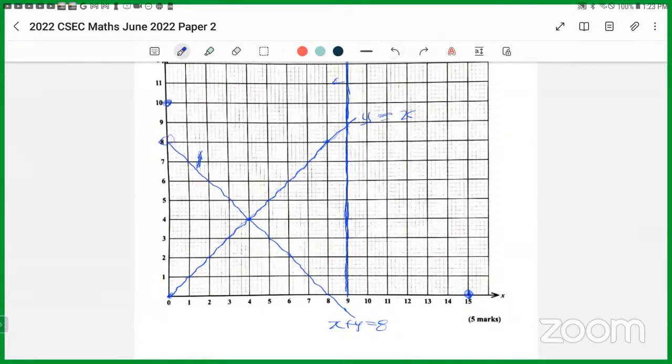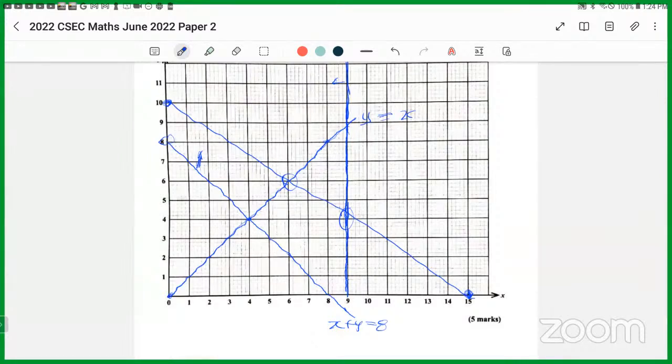I want to see where it crosses this line. I could use a ruler and draw it, but I want it to be accurate, right? So let me see. Use a ruler and that looks like it. Looks like it passes through here and here.